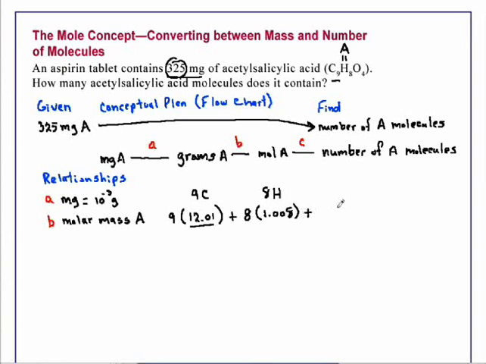And we'll add 4 times the molar mass of oxygen, which is 16.00. Okay, so that's 4 times the molar mass of oxygen from the periodic table. And this is 180.15 grams per mole.